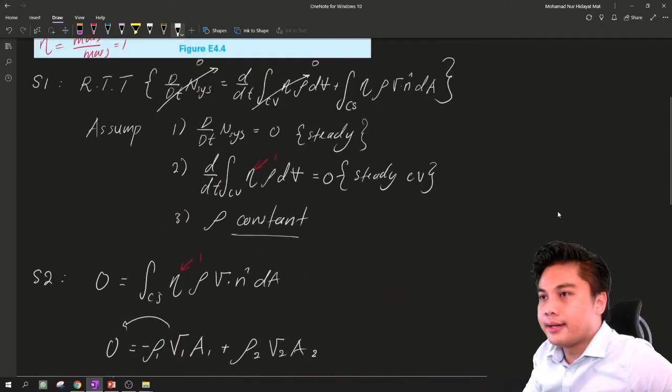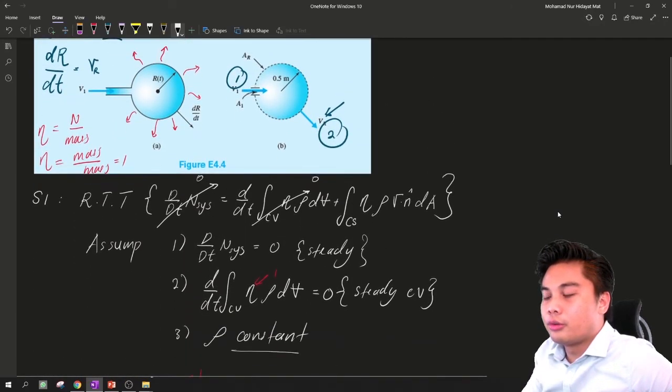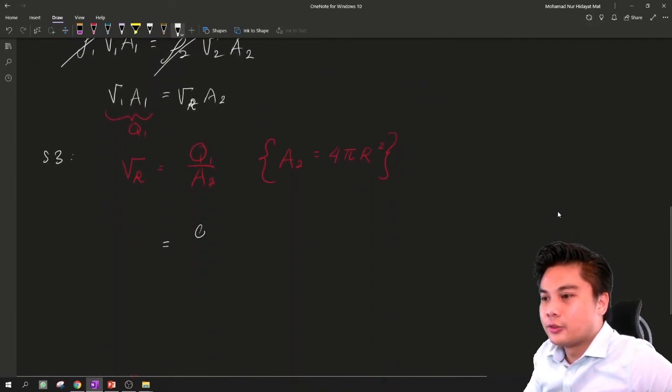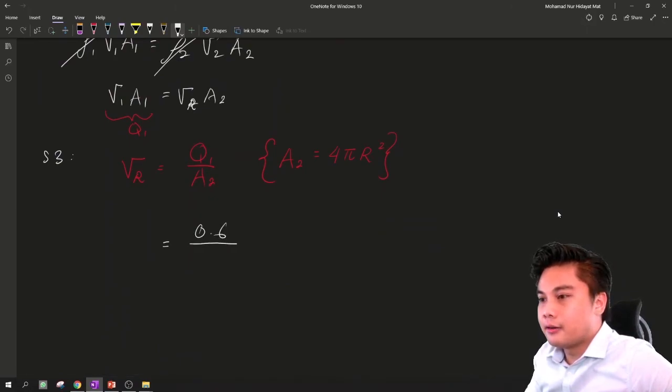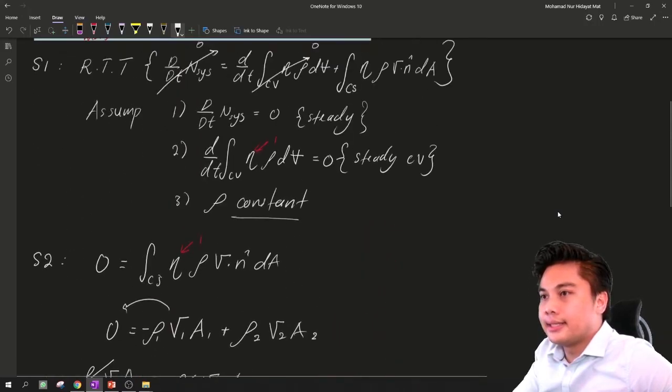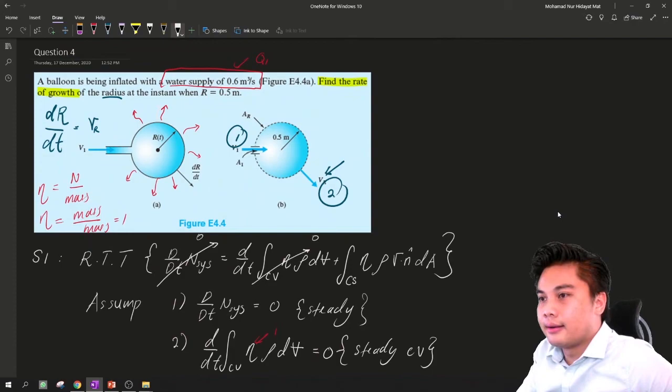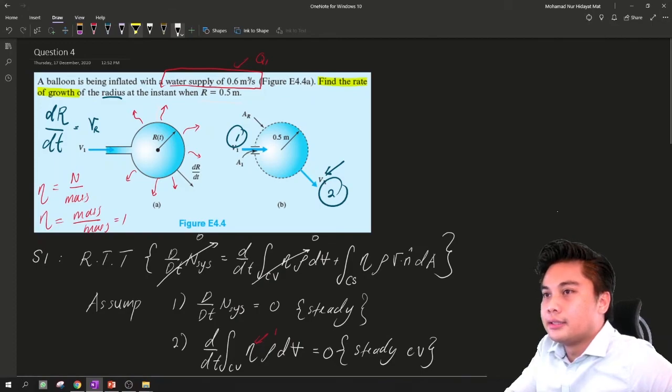Q1 given here is 0.6 over the area of the sphere, 4 pi, radius is here 0.5. It is given at the instant of 0.5.